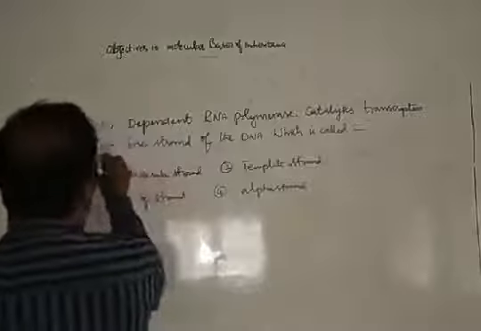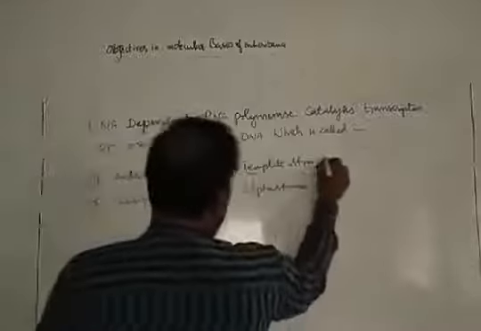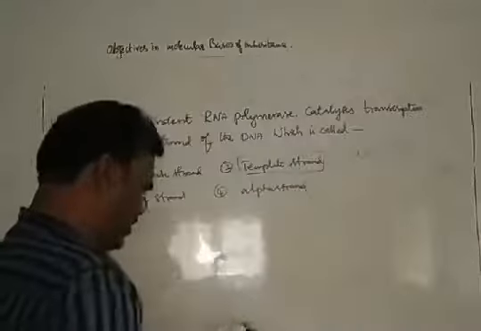So DNA dependent RNA polymerase catalyzes the transcription on one particular template strand. So on one strand, that is a template strand. Direct question.